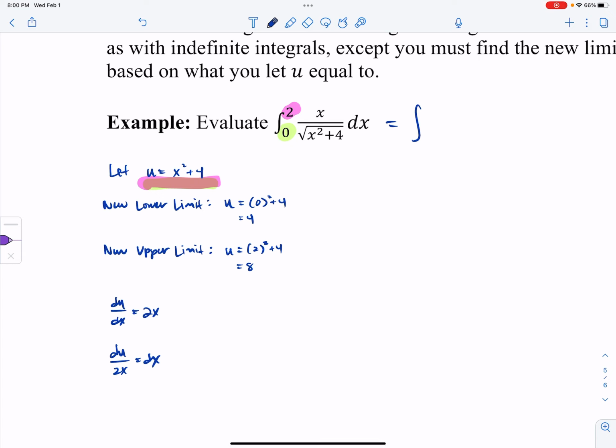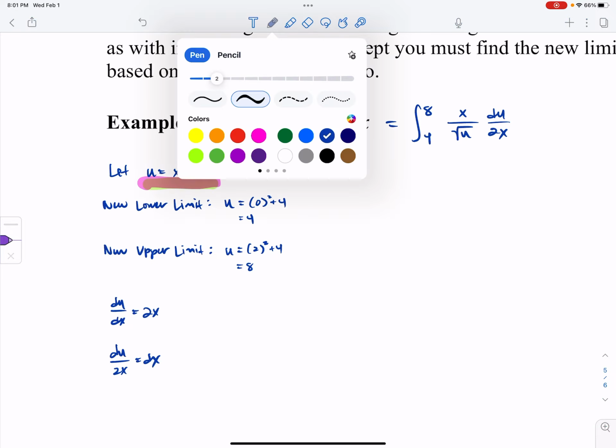Our integral will now be from 4 to 8. I like to label the limits as I'm writing them out just to remind me what is what. We still have x in the numerator, the denominator is going to be the square root of u, and when we replace dx, we have du over 2x. So those x's will cancel.